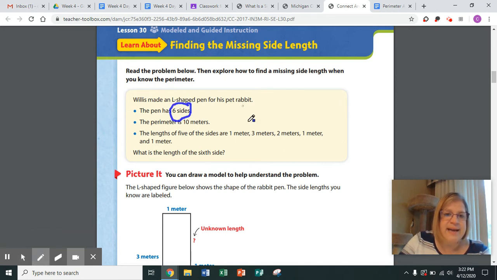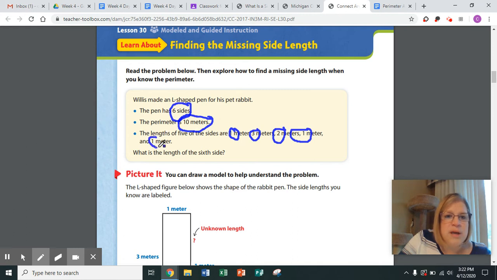We got 6 sides. It gave us the entire perimeter already. It kind of gave us that end answer, which is 10 meters. The lengths of 5 of the sides are 1 meter, 3 meters, 2 meters, 1 meter, and 1 meter. What's the length of that 6th and final side?